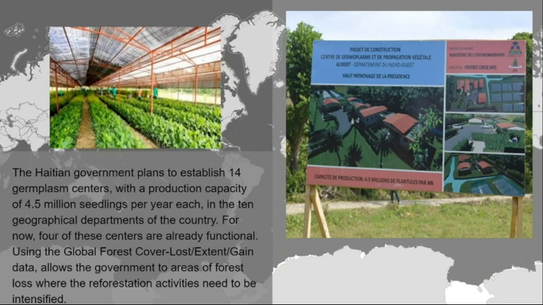Using the global forest cover loss and gain data allows the government to identify areas of forest loss where reforestation activities need to be carried out. As you can see in the picture, now we have 4 germplasm centers to contribute to reforestation in Haiti. Next one.